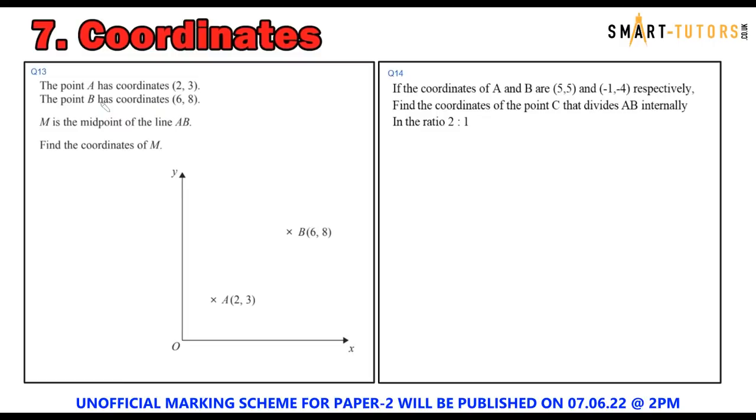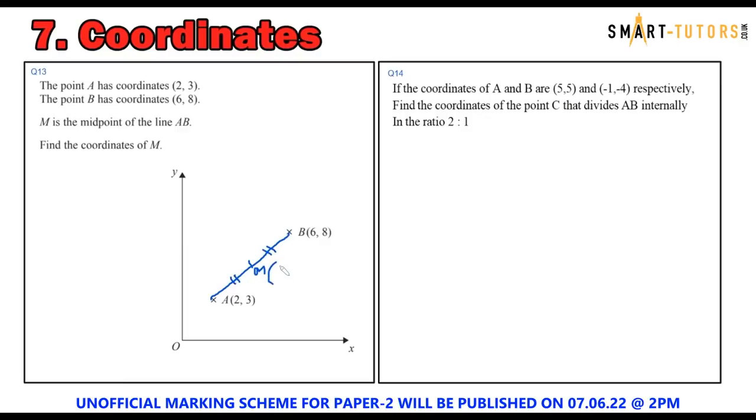In question number 13, point A is given as 2, 3 and point B is given as 6, 8, and the examiner is asking for the midpoint M between A and B. I'm just going to connect A and B, and the midpoint is somewhere here. Midpoint means you need to add the x coordinates and divide by 2.